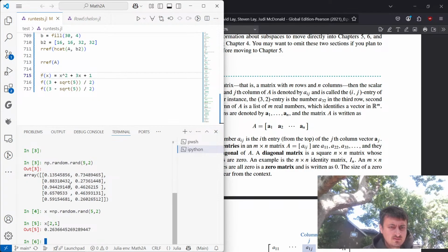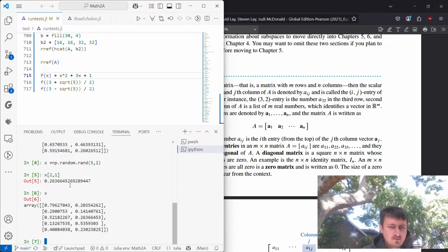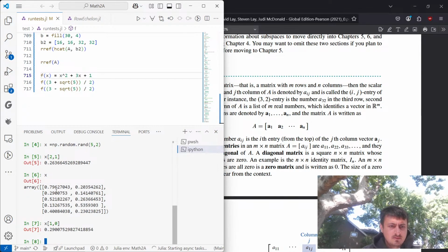Wait, what? Oh, wait, you know why? Because it's 0 indexed. This should be 1, 0. Okay, great. So it's still okay.